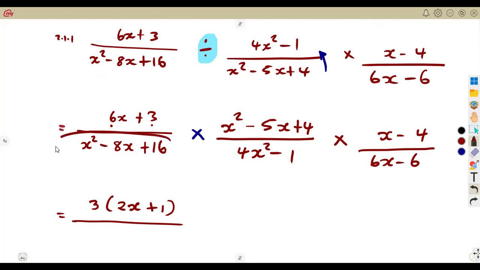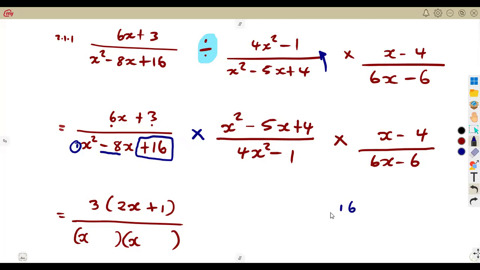We have a quadratic expression, and the coefficient of x squared there is 1. So remember, that is going to be our advantage. If the coefficient of x squared is 1, we know that we are going to have x, another x here. Then you simply consider the constant there, which is 16. We need the product factors of 16, which will add up to minus 8.